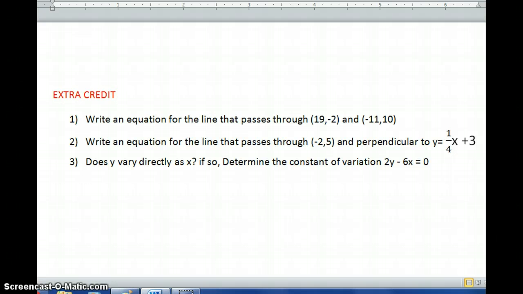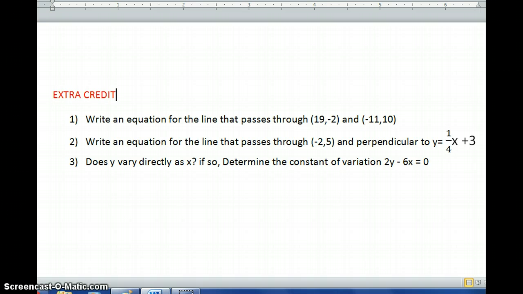So if you got a 2 out of 5 on the warm-up, and you get all 3 correct, then you get a 5 out of 5. If you have a 5 out of 5 and you get all 3 correct, then you get an 8 out of 5, which is exceeding 100%, which is very good.